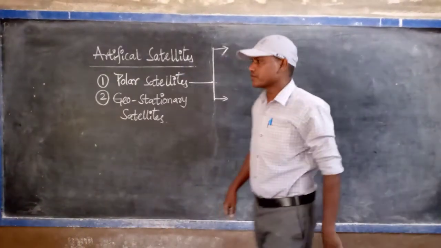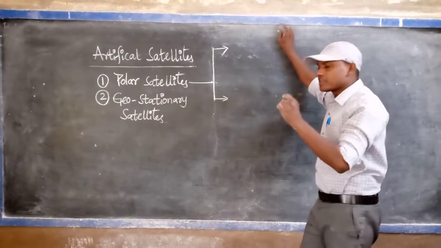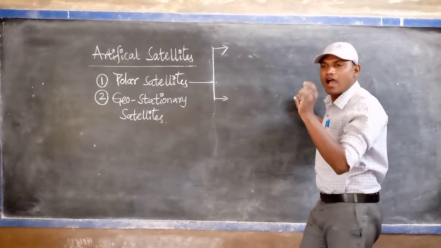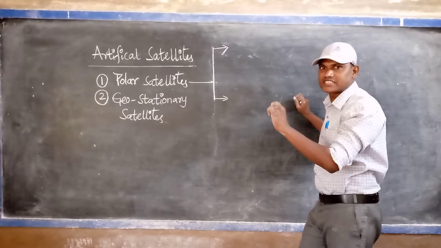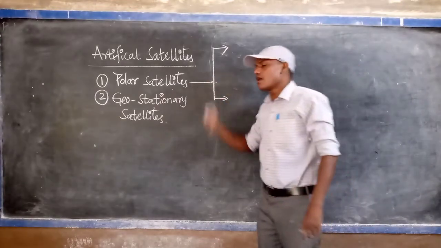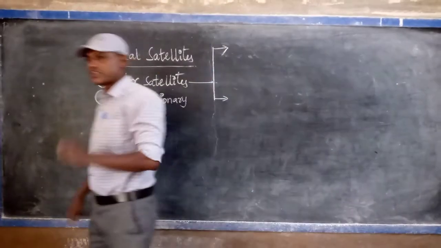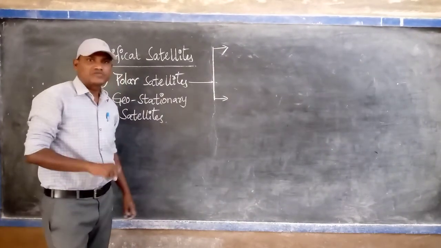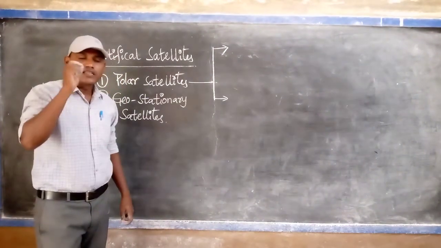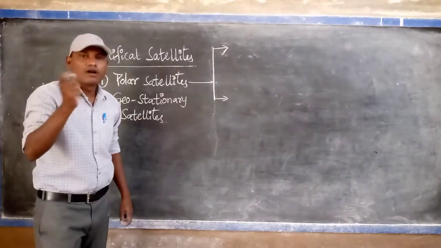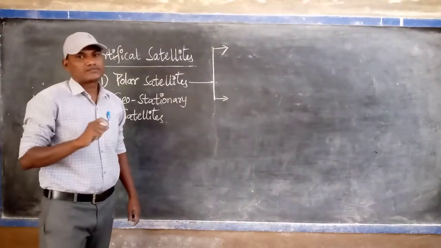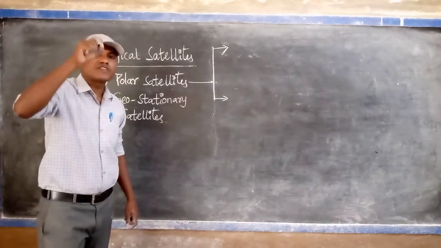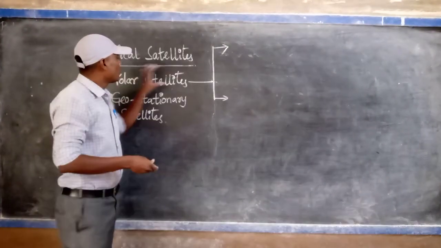Or, the satellites whose time period of revolution is nearly 100 minutes, those satellites we call polar satellites. Listen very carefully. We can define a polar satellite in two ways. The first way is the exact definition: the satellites whose orbital plane is perpendicular to the equatorial plane of the Earth are called polar satellites.